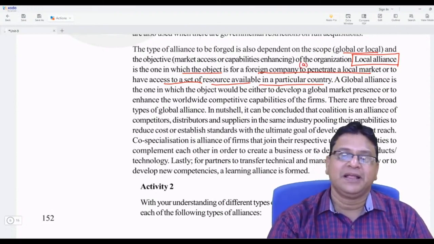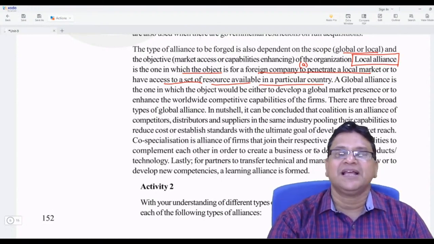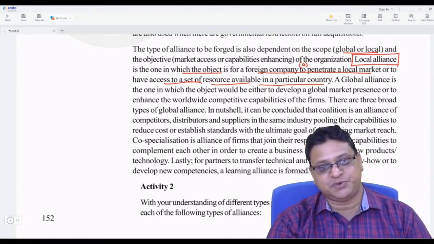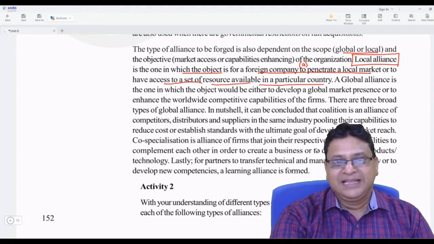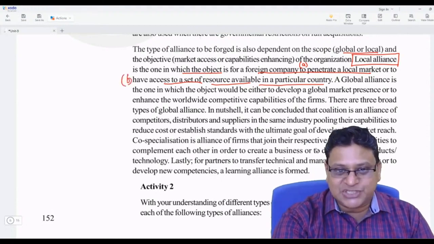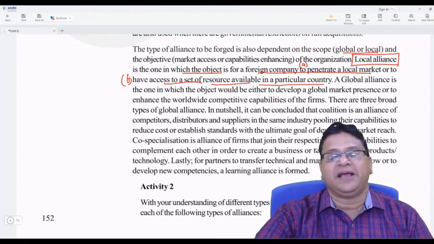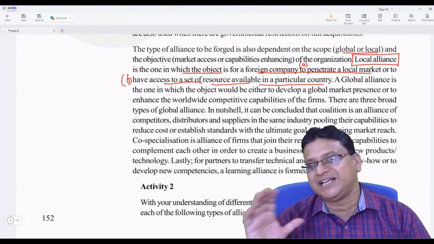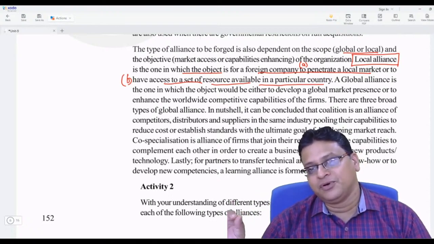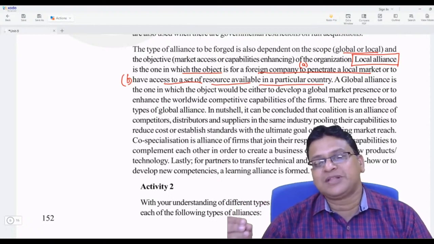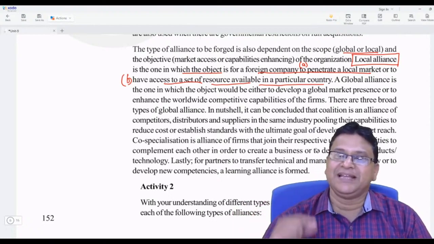A foreign company will go for a local alliance if it wants to penetrate into a local market as quickly as possible, or if it wants to have access to a set of resources which is available to a local player. Let's take an example: a steel plant of, let's say, South Korea makes a local alliance with a mining company in India.